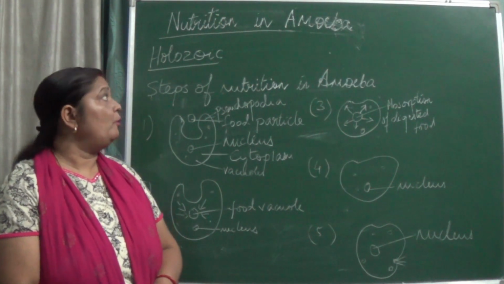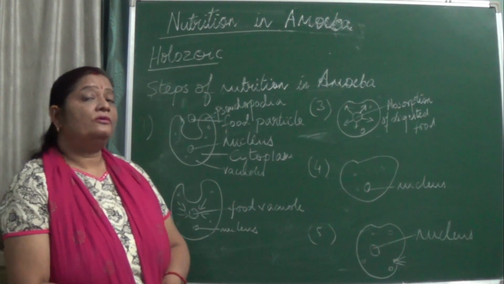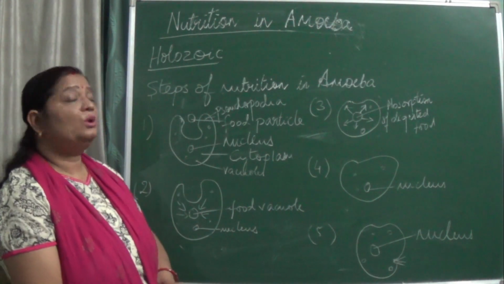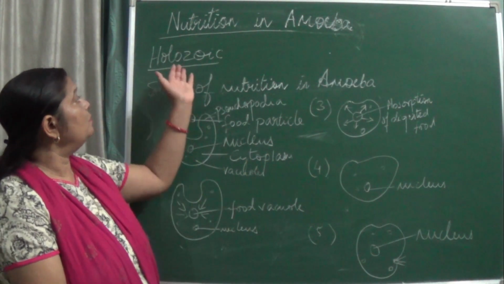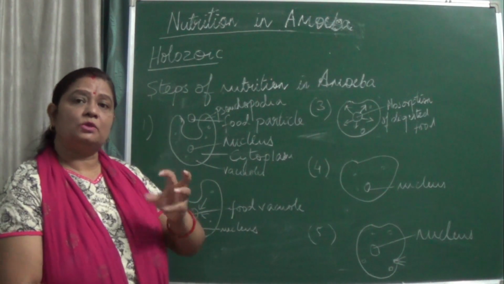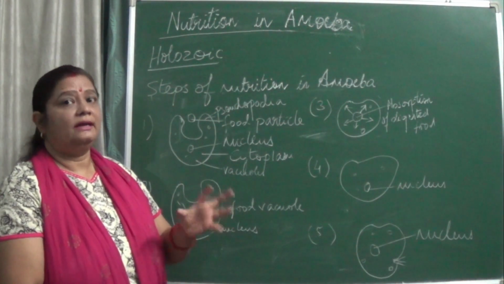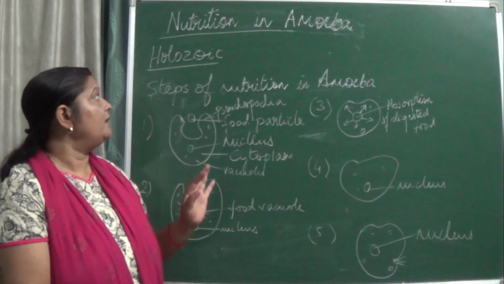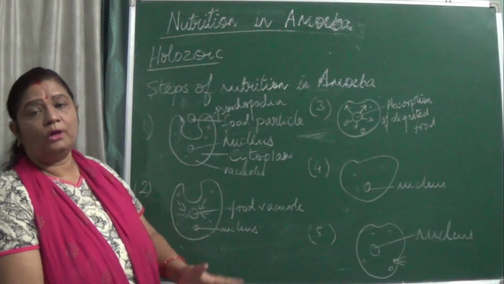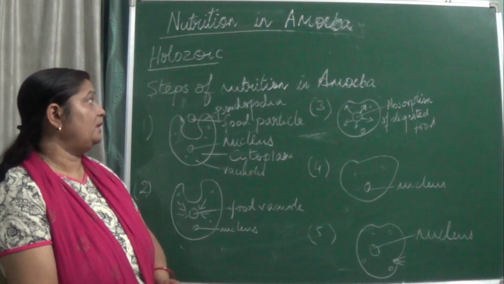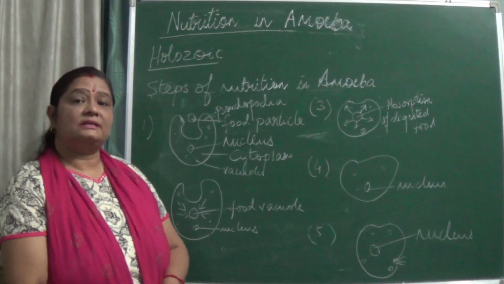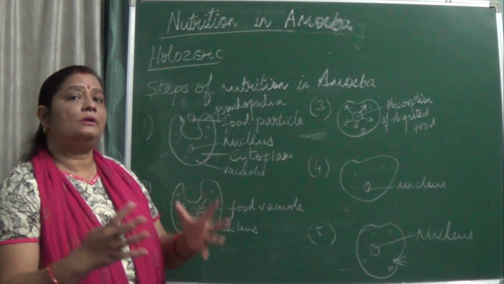The mode of nutrition is holozoic in nature. When I say holozoic, it means it takes in solid food, enzymes act on it, and digestion takes place. That type of nutrition is known as holozoic nutrition.